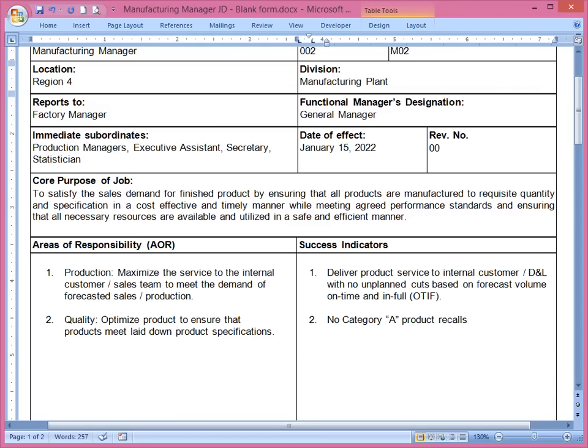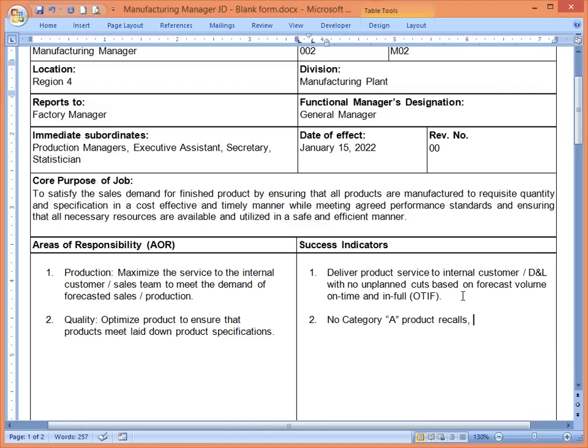Because when you experience product recalls, this is a big loss for the company. The losses are in overhead cost, handling cost, production, packaging, the materials used in producing the products, the transportation cost, the distribution cost, and the manpower, all lost.